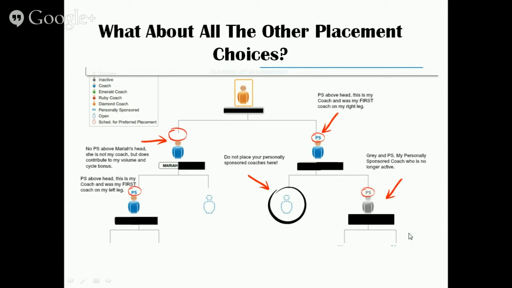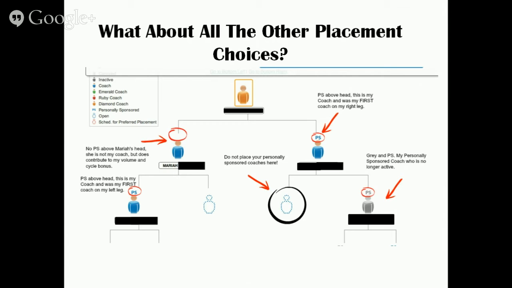Now, excuse me. That being said, when you sign up, as soon as you get your first coach, I highly, highly, highly recommend this, I can't stress it more, because many of you in the last few days have messaged me and said how bummed you were that you did not place your spouse in the prime spot in your downline.